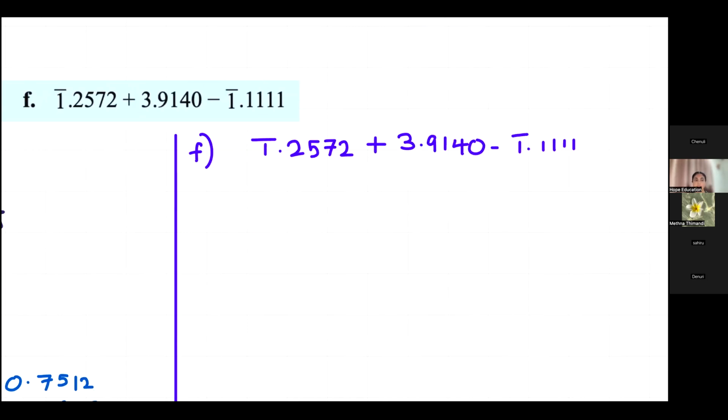So we'll start with the addition here. First, I will separate the characteristic and mantissa. If you take this one, characteristic is -1, mantissa is plus 0.2572. Plus, if you take this one and separate, characteristic is just 3, mantissa is 0.9140.